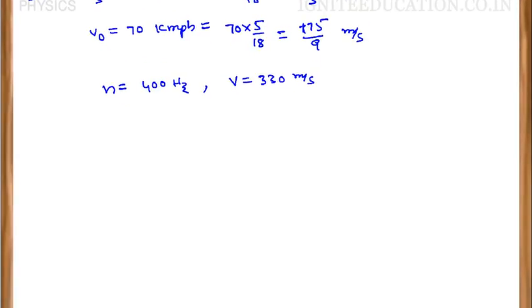Now I am going to resolve these things. From the Doppler effect we already know the formula: n observed is equal to (v plus or minus Vo) by (v plus or minus Vs) into n. These plus or minus signs should be used according to approach and leaving.